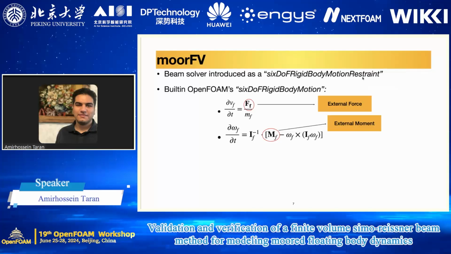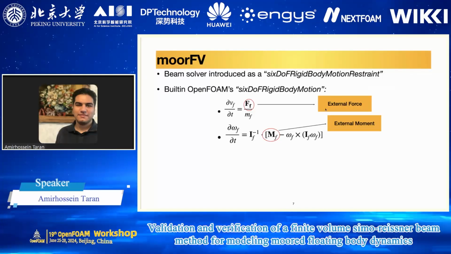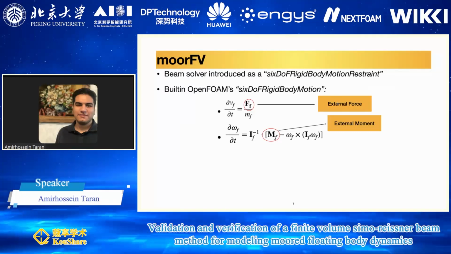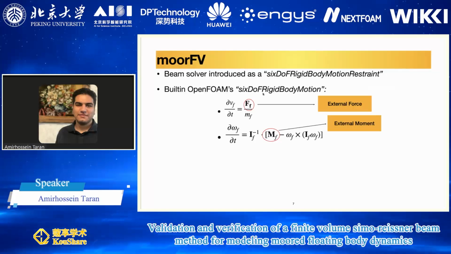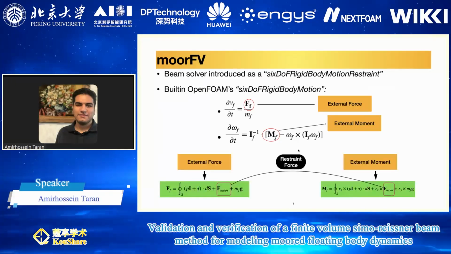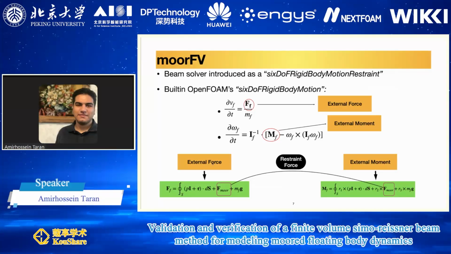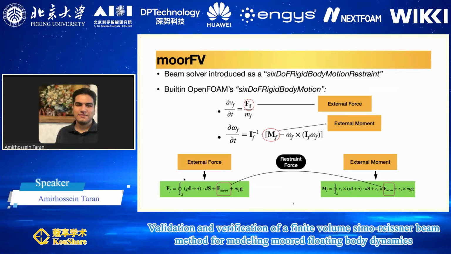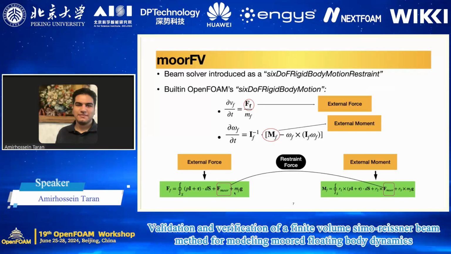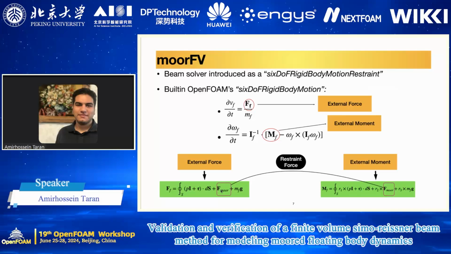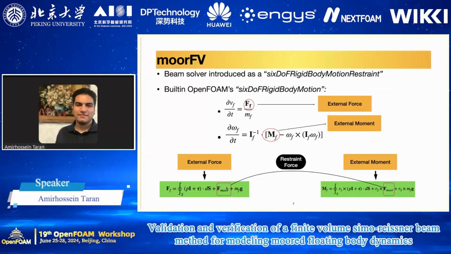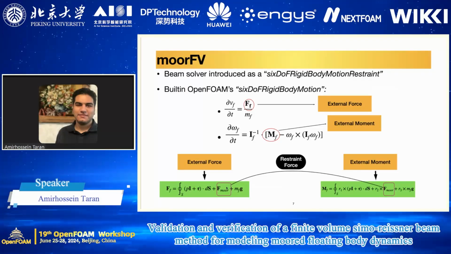By constraint, you're just constraining your motion, but with restraint, you can also contribute to the movement of that 6DOF rigid body. So these F and M here are called external force and moment. Within this external force, you have a term called restraint force. By restraint force, for example, you can calibrate it to act as a force coming from the mooring line.